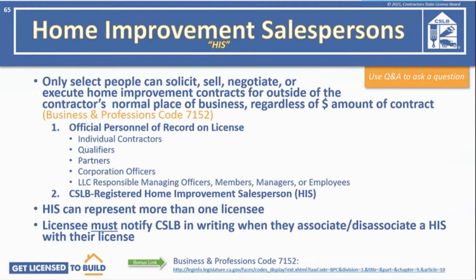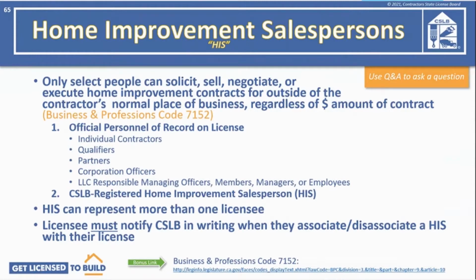Without a home improvement salesperson, the official personnel of record on a license are the only ones that can solicit, sell, negotiate, or execute a contract. That includes individual contractors, licensed qualifiers, partners, corporation officers, and LLC responsible managing officers, members, managers, or employees.